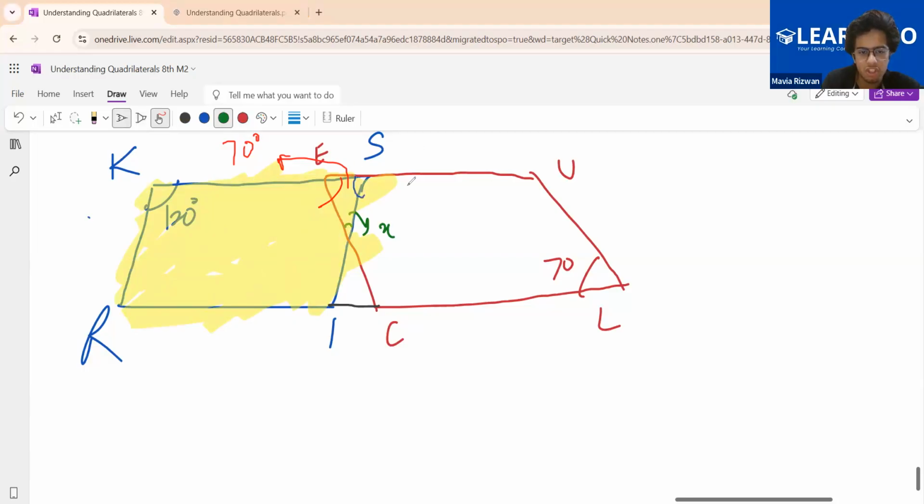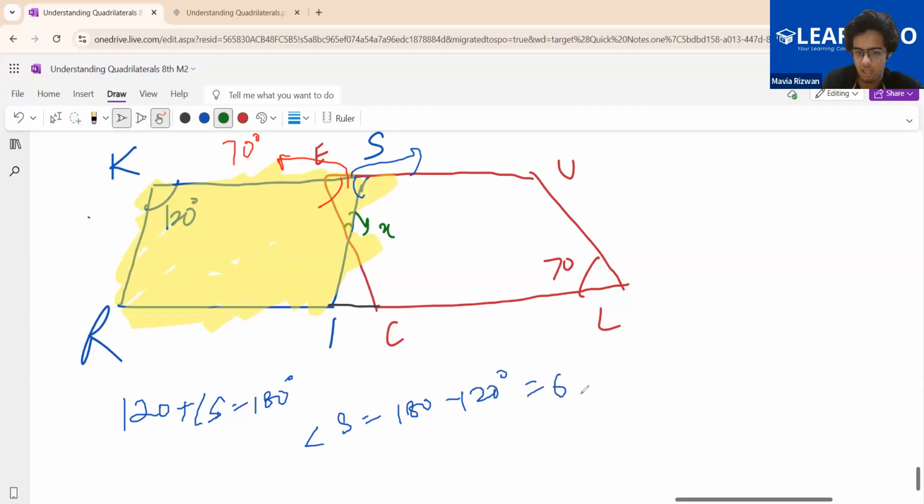This one should be 60 degrees because they are adjacent. 120 plus this angle, angle S, is equal to 180 because they are supplementary adjacent angles. So angle S would be equal to 180 minus 120 degrees, that is 60 degrees. Is this clear?